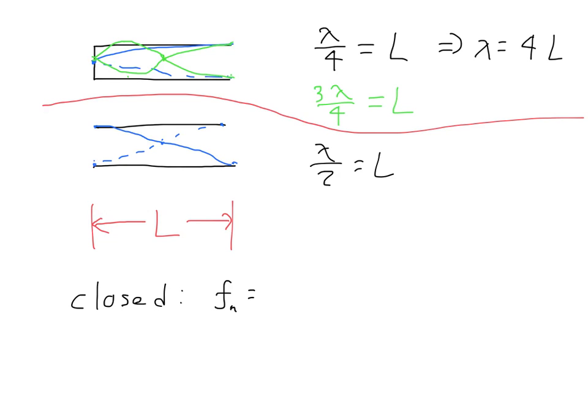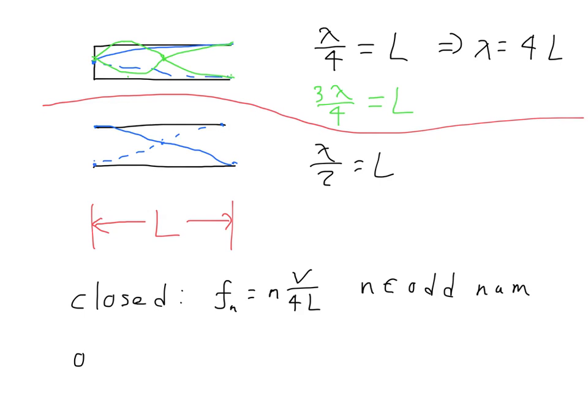That is going to be n times our velocity, which is the speed of air, divided by 4 times the length, and n can only be an odd number. So 1, 3, 5, 7, etc. And you can see that sort of consequence up here. We went from 1 and then to 3. 2 wasn't possible because of the constraints that we had in our setup.